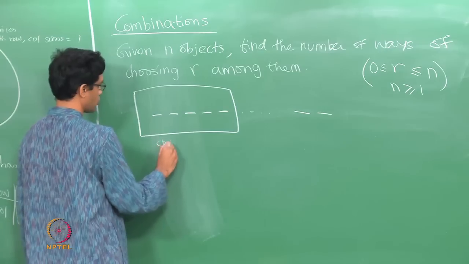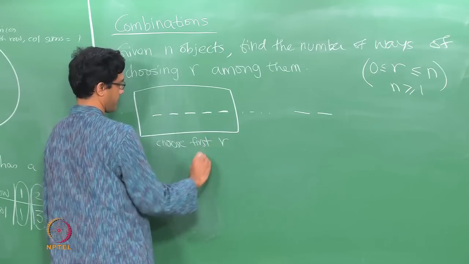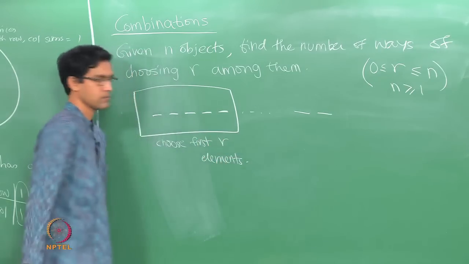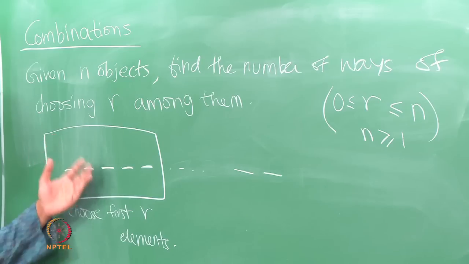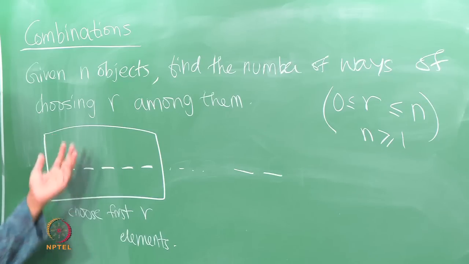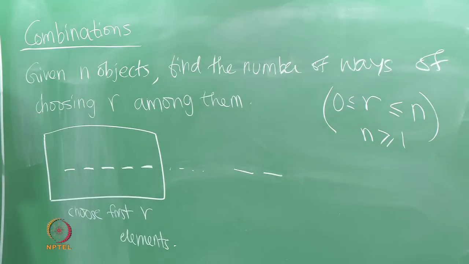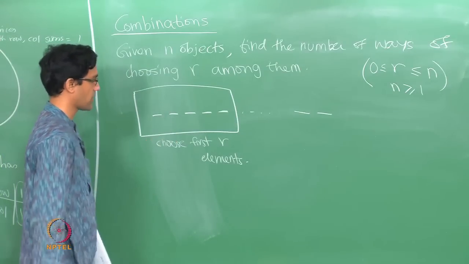Okay. So choose the first R elements and sort of put them in your basket. That's the choice you will make. So the question is, of course many different permutations will lead to the same choice of these R elements, right. So how many different permutations will lead to the same choice of R elements?